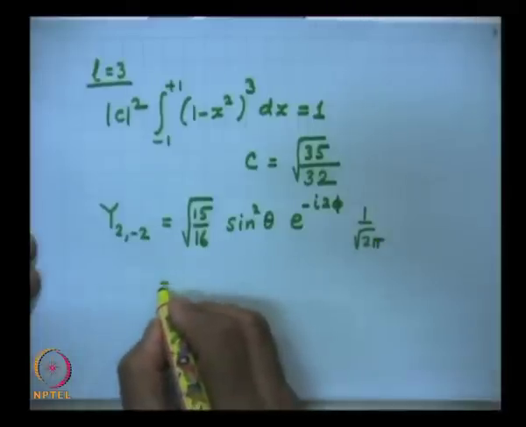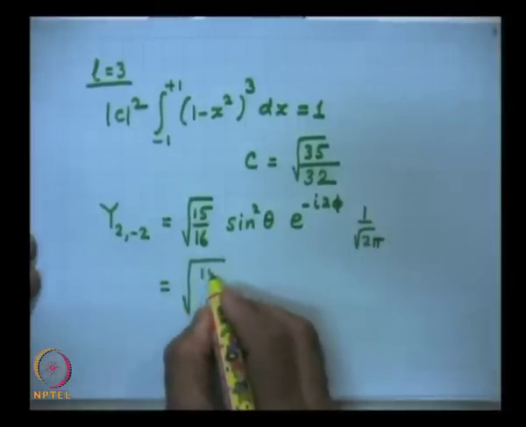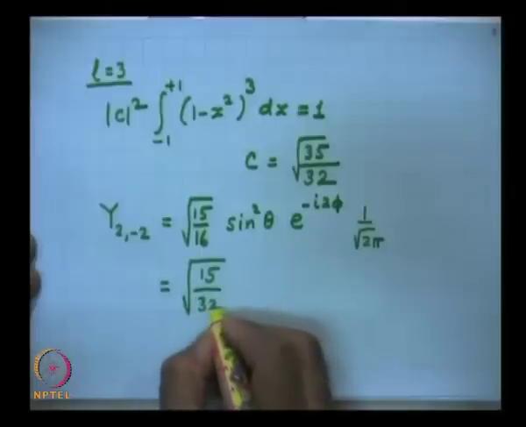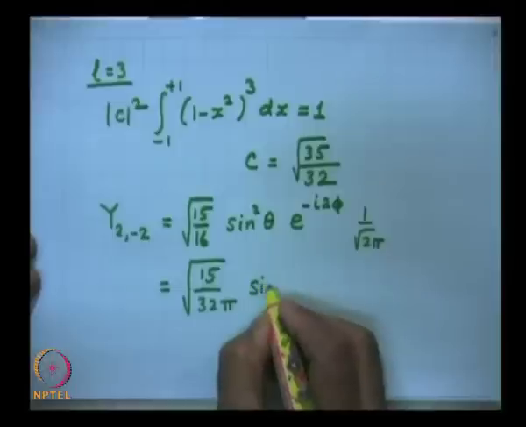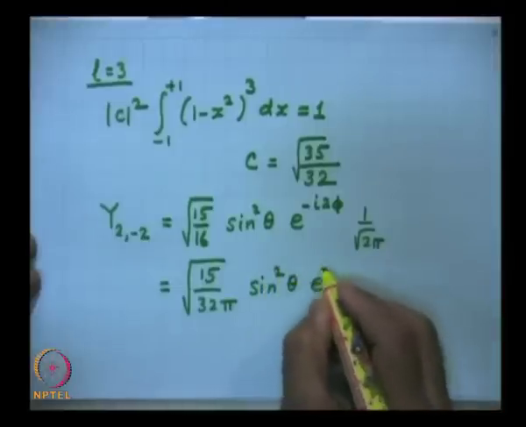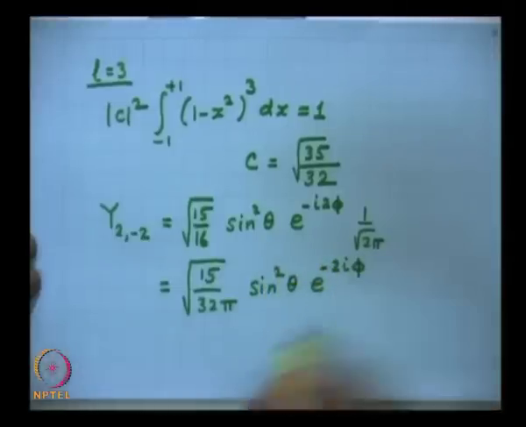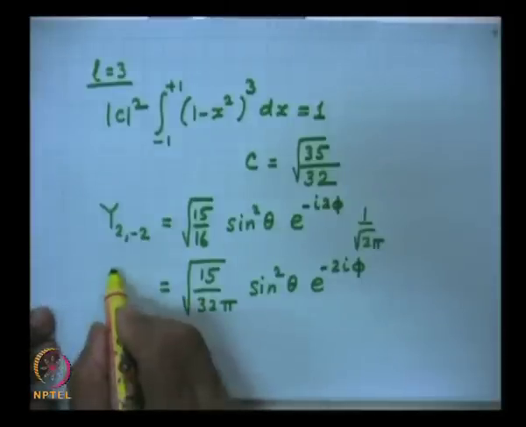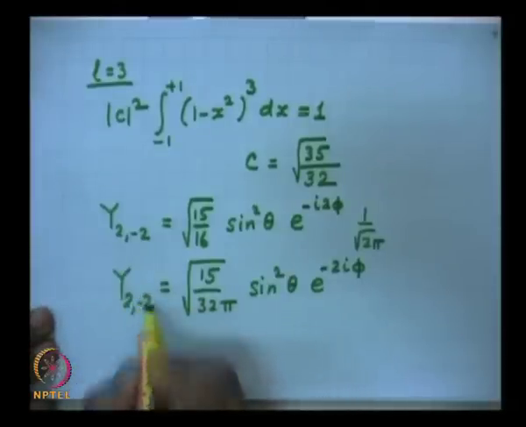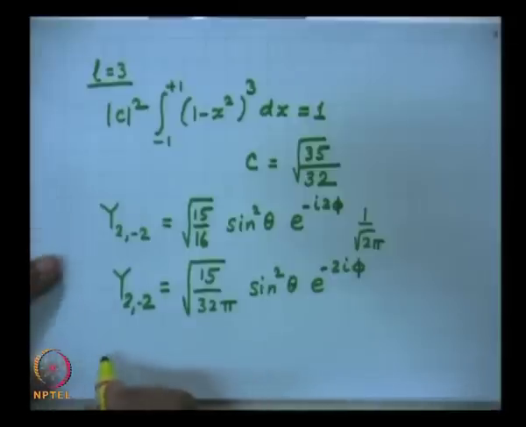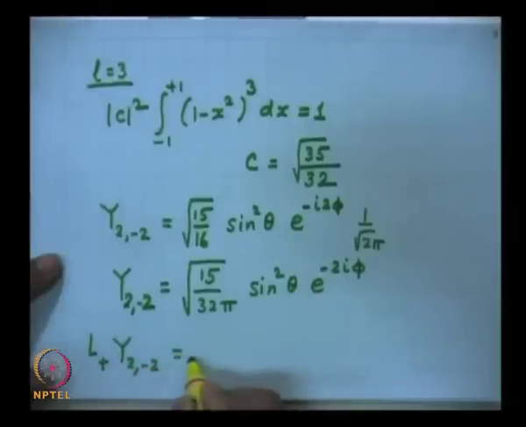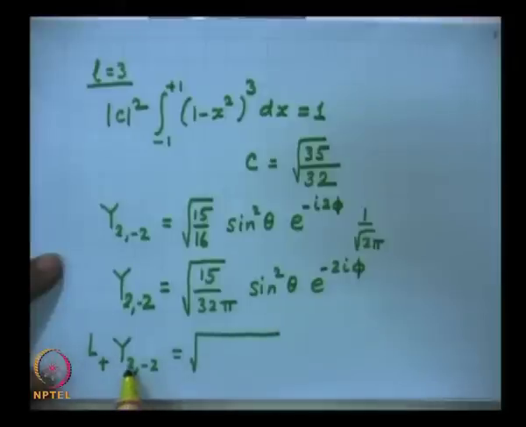So, this will be equal to under root of 15 by 32 pi sin square theta e to the power of minus 2i phi. So, this then is the expression for Y 2 minus 2, and then we had the expression that L plus Y 2 minus 2 will be under root of j minus m, that is 2 minus 2 minus 2.